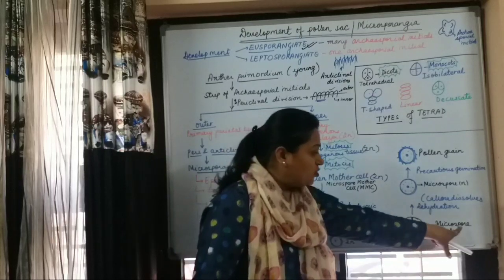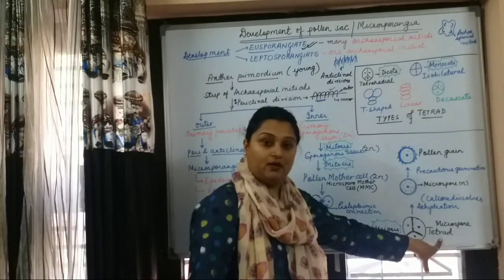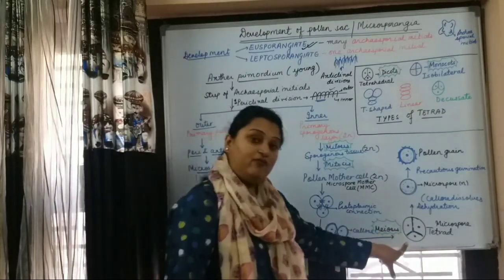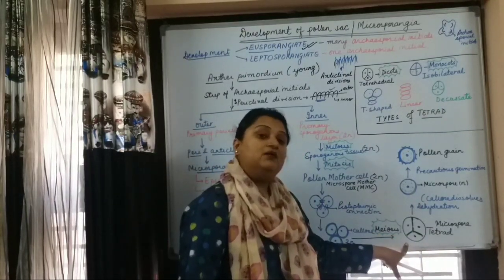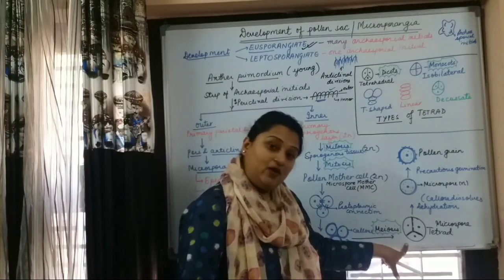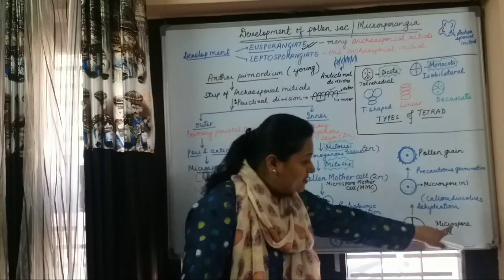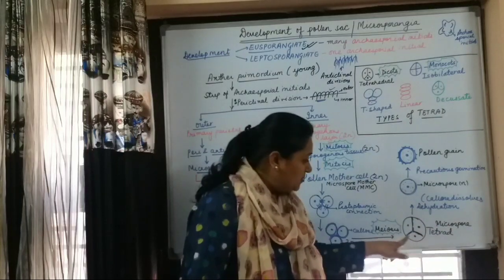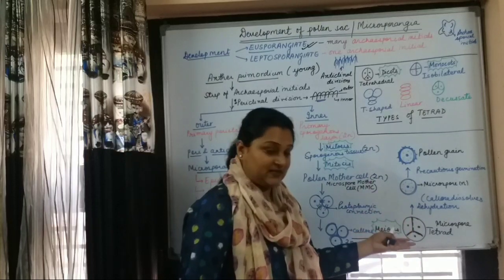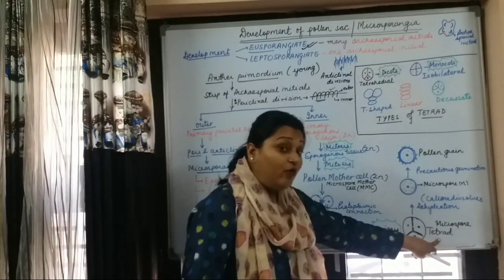This tetrad is called a microspore tetrad. These microspores from one cell are formed 4 only, but they still remain attached to each other by callose formation. In this microspore tetrad, you must be seeing that 3 are visible, but 1 is at the back side. So tetra means 4.